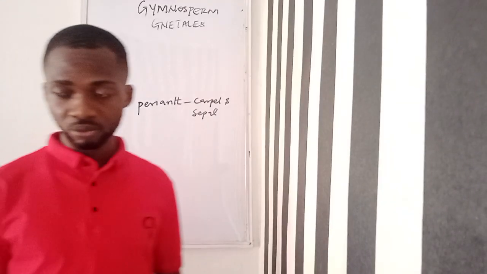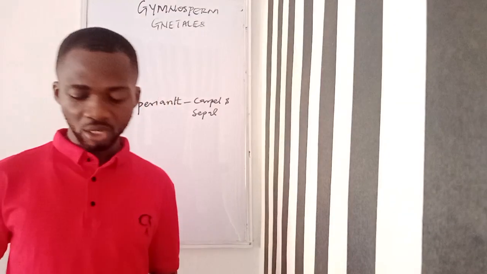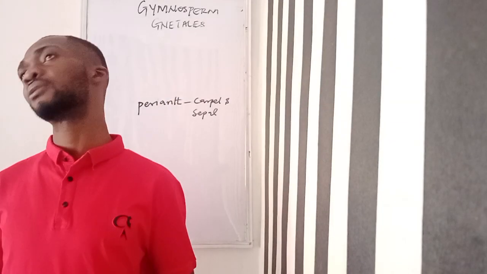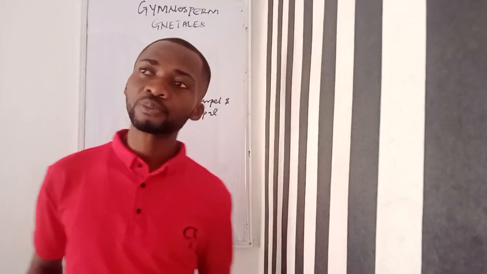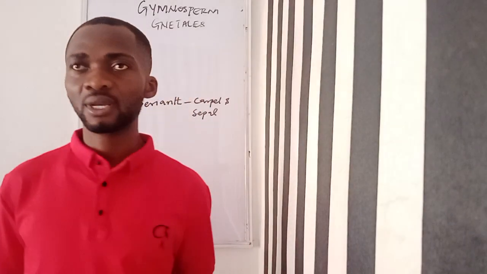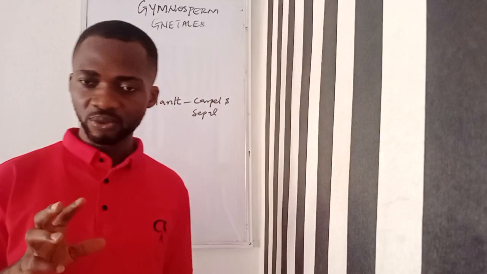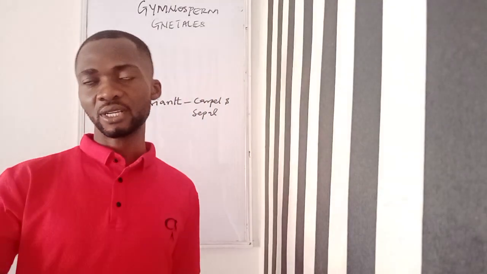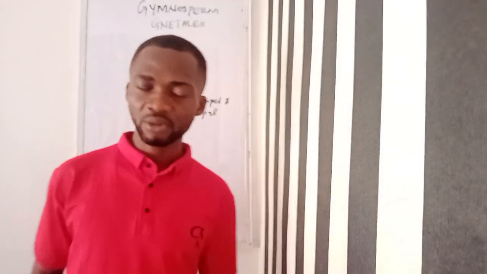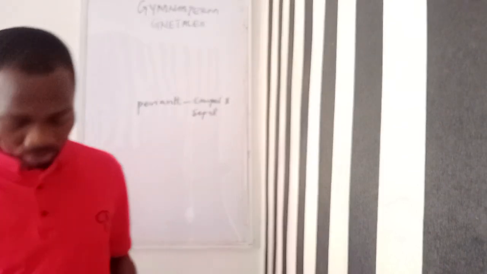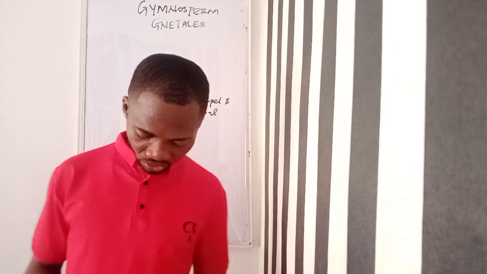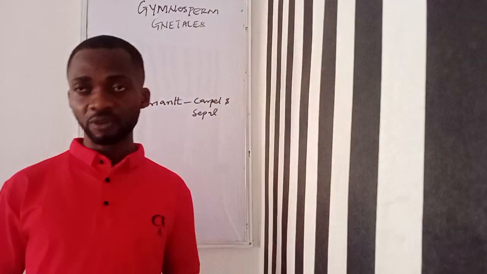The megasporangium is also called the nucellus. And from the structure I drew initially, you would have seen clearly that the integument covers the megasporangium or the nucellus. The young sporophyte makes use of food stored by the parent sporophyte during development.